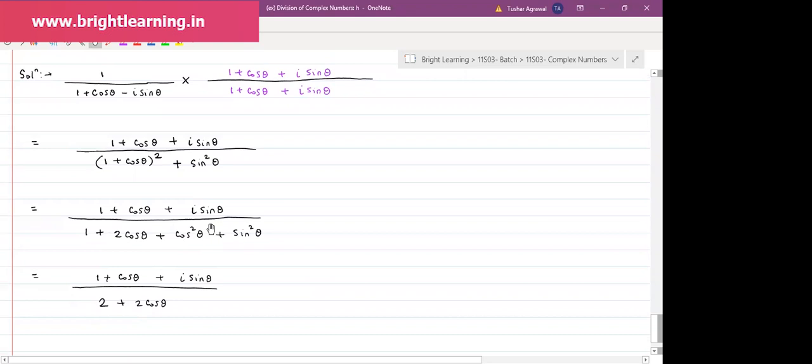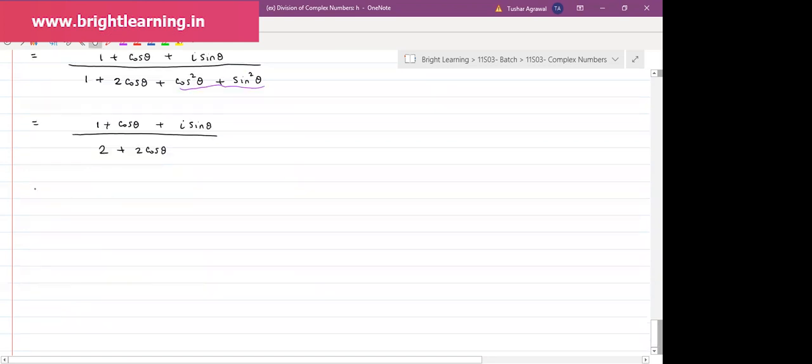Yes, sir. Cos square plus sine square is 1, that I did. Your identity: 1 plus 1, 2, and 2 plus 2 cos theta. So from the denominator also you can take 2 common. So the real part of the numerator. Now the denominator completely we have got in terms of real numbers only.